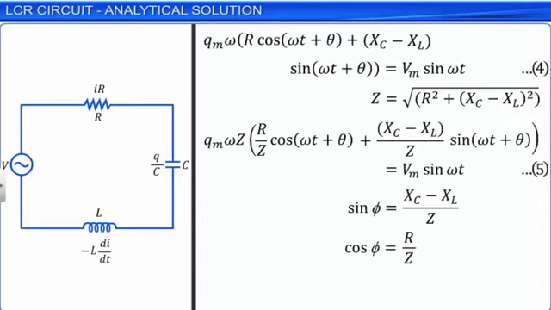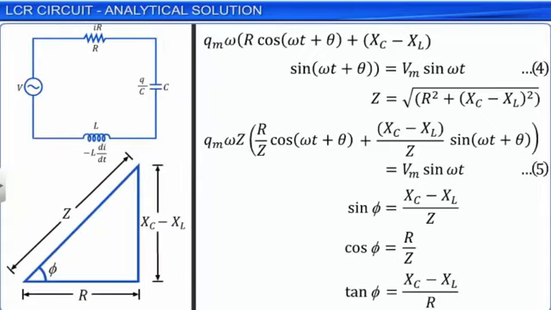Now, sin phi by cos phi is tan phi, which equals (Xc minus XL) by R. If the relations between Z, R, and Xc minus XL are represented through a diagram, they form a right-angled triangle as shown.